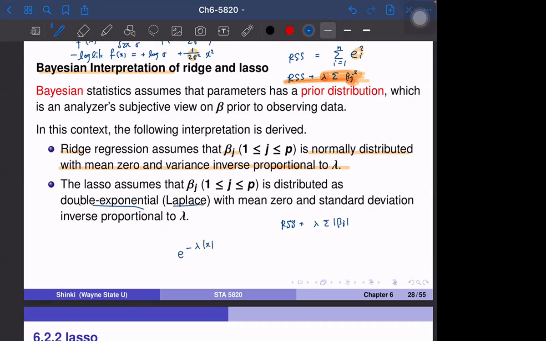If we take the negative logarithm of this function, we have some coefficient, but basically the negative log likelihood is proportional to lambda times the absolute value of x. So the loss function of Lasso corresponds to the double exponential distribution.